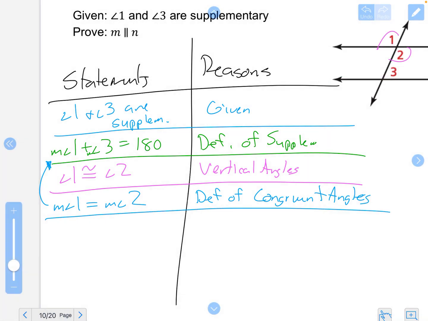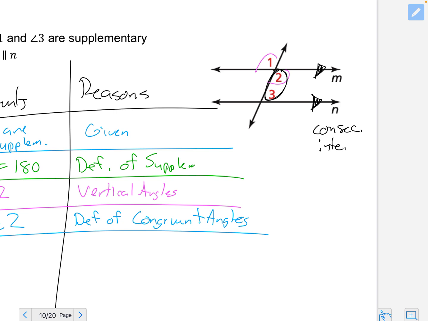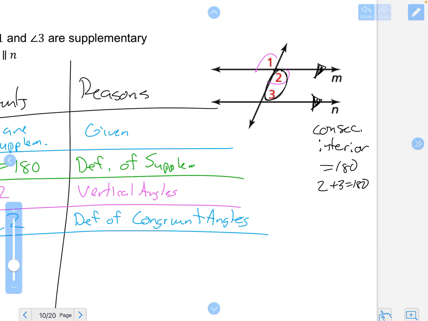So now I can substitute in, because I need to prove that M is parallel to N, and I've got these two angles here, which I know are going to be consecutive interior. So I know that consecutive interior equal 180, so I need that 2 plus 3 equals 180.